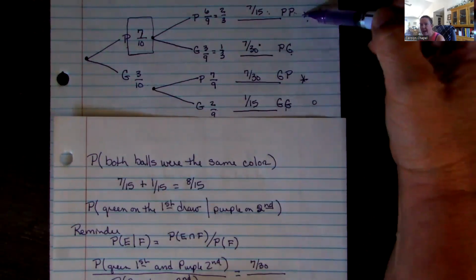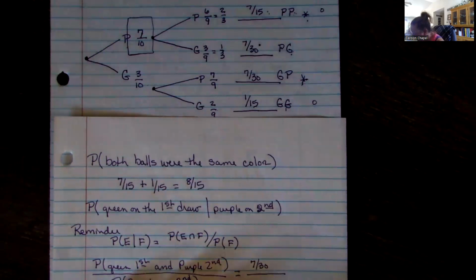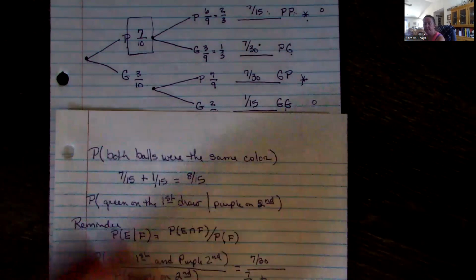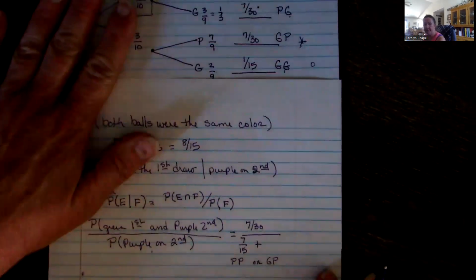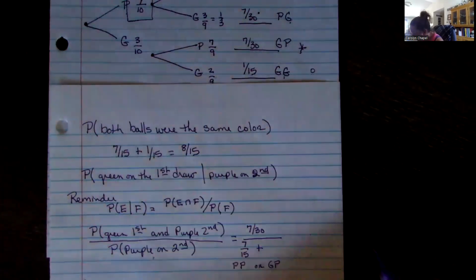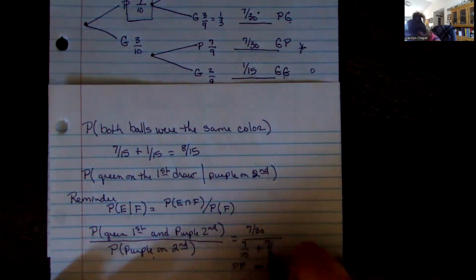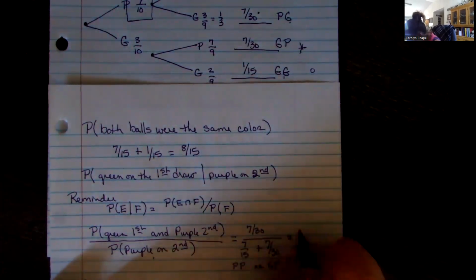So we had to add those two guys together. So I'm going to write them again. This was our purple purple or our green purple. Slide this up here for us, which was our 7 out of 30.